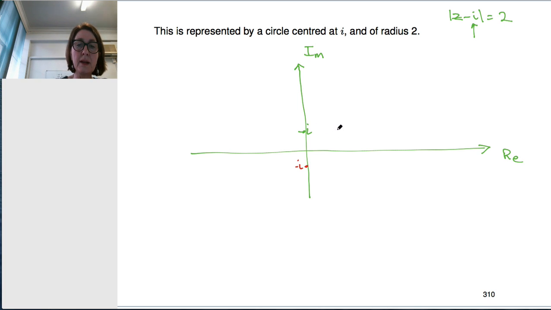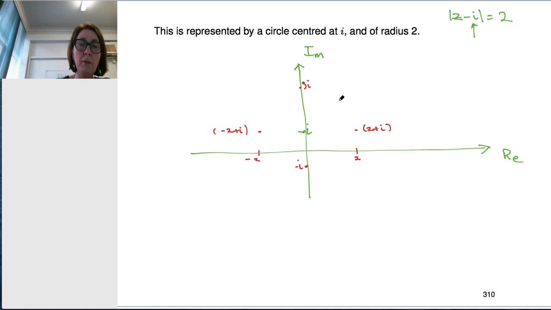If I go directly across there, a distance of 2, then that point is going to be 2 along the real axis, and up i in the imaginary axis, so that point's going to be 2 plus i. If I go in the negative direction, I can go out minus 2, and that point's going to be minus 2 plus i. If I go 2 straight up, I'm going to get to the point 3i.